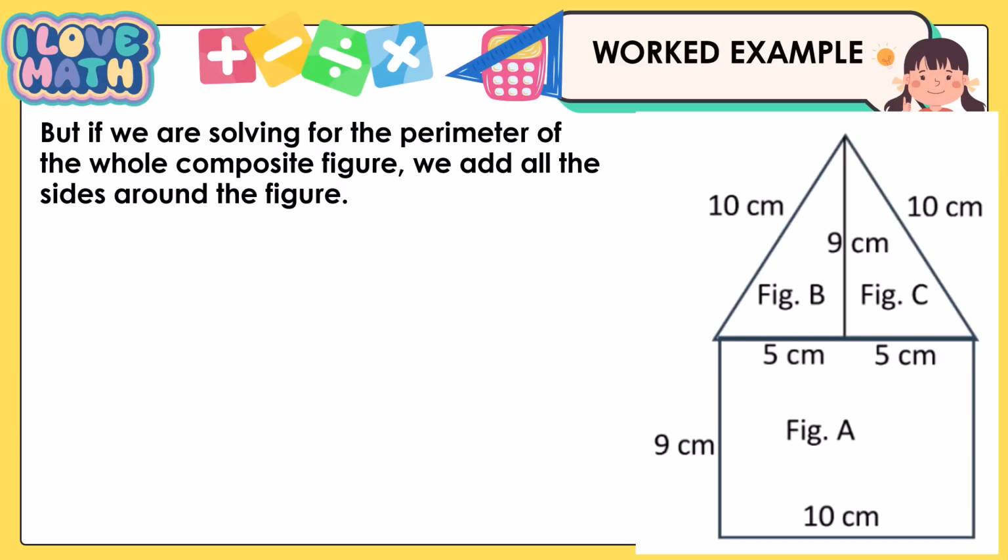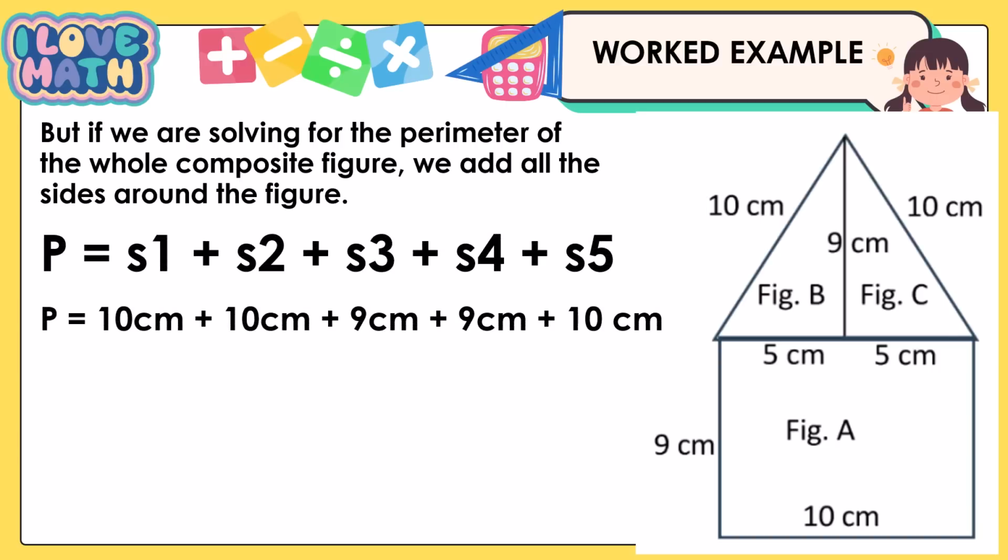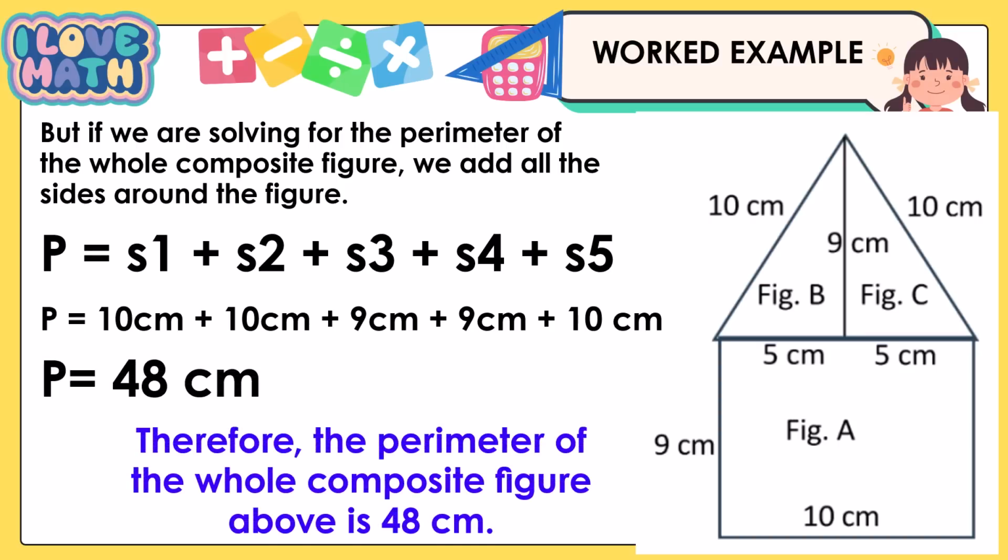But, if we are solving for the perimeter of the whole composite figure, we add all the sides around the figure. That is 48 centimeters. Therefore, the perimeter of the whole composite figure above is 48 centimeters.